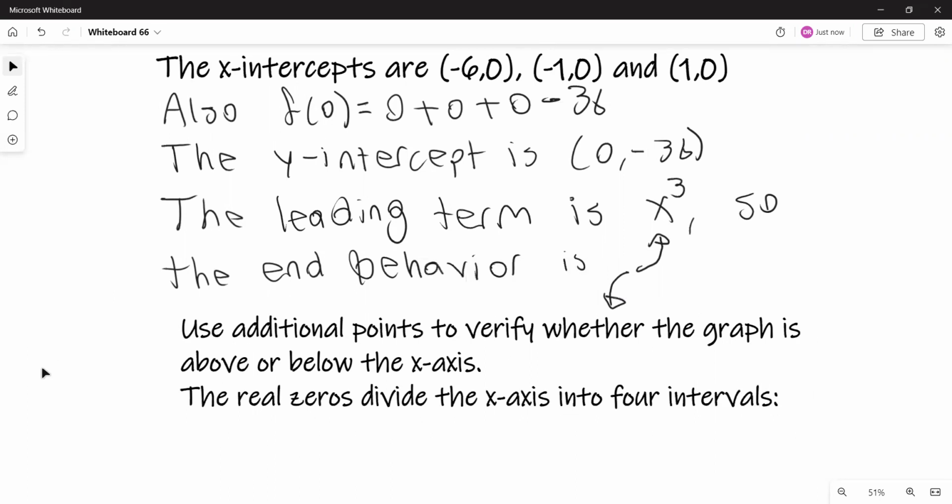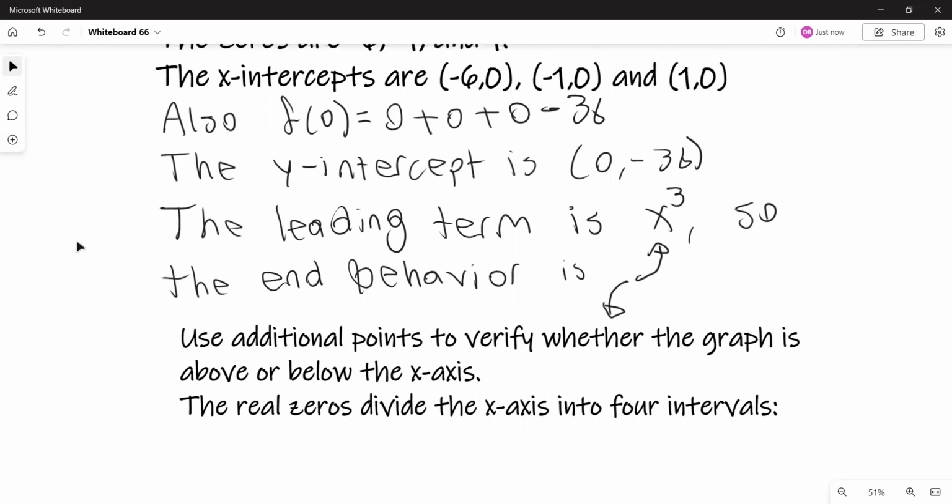If the zeros are -6, -1, and 1, those zeros will divide the x-axis into 4 intervals: -infinity to -6, -6 to -1, -1 to 1, and 1 to infinity.